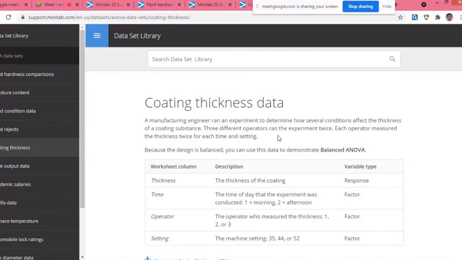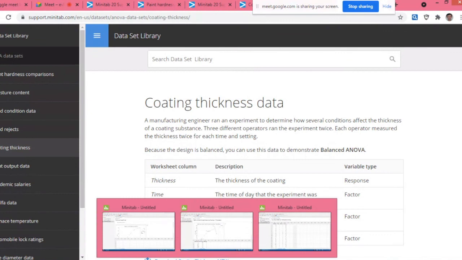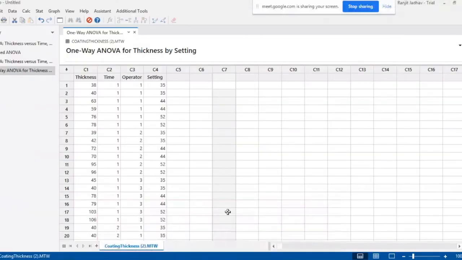Three different operators ran the experiment twice. Each operator measured the thickness twice for each time and setting. For the time and setting, for 35 he has checked 2 times, 44 again 2 times, 52 2 times.